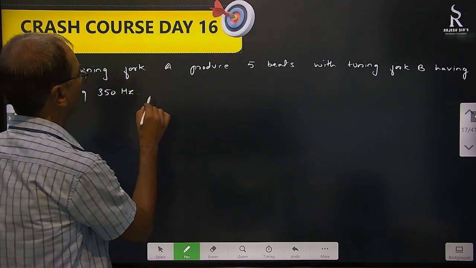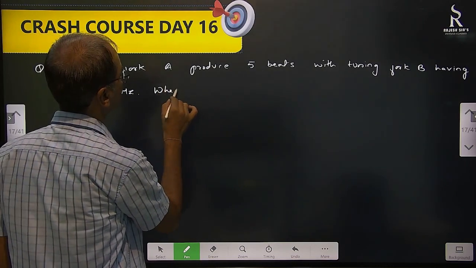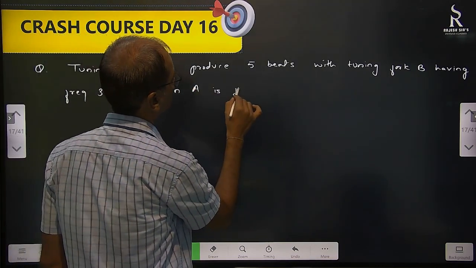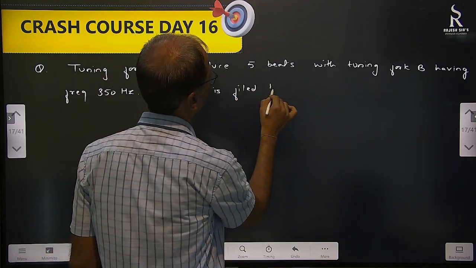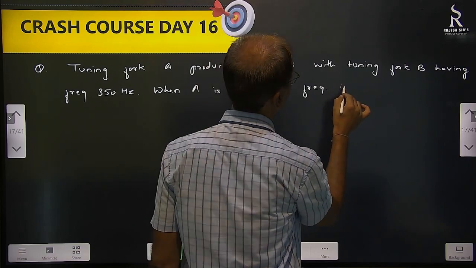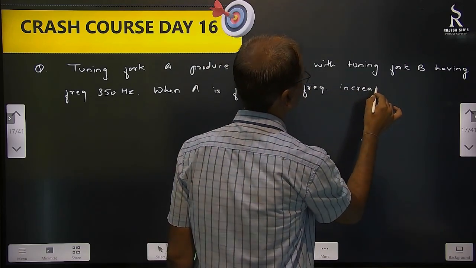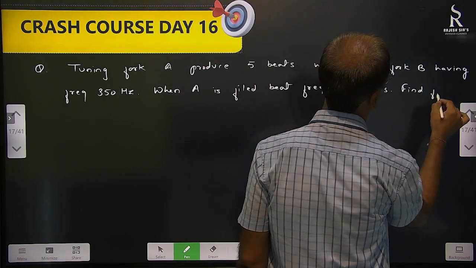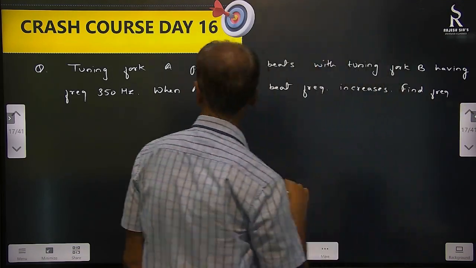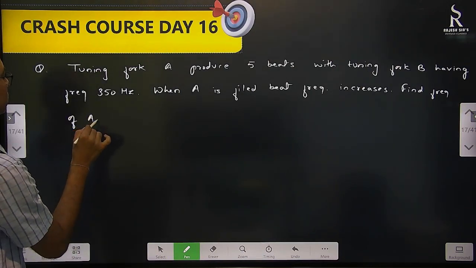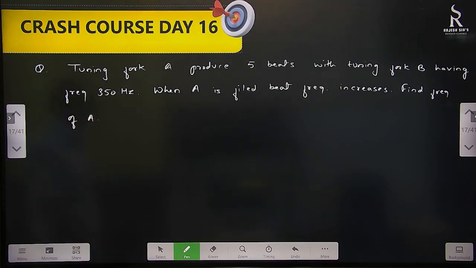Then when tuning fork A is filed, the beat frequency increases. Find the frequency of A. Okay, now this is the question.